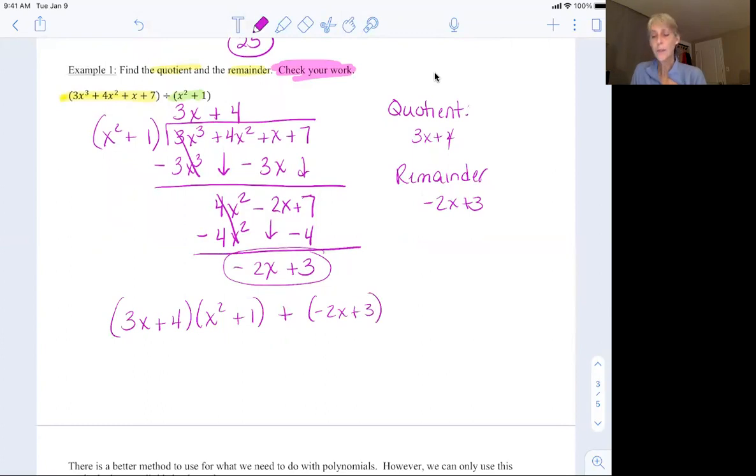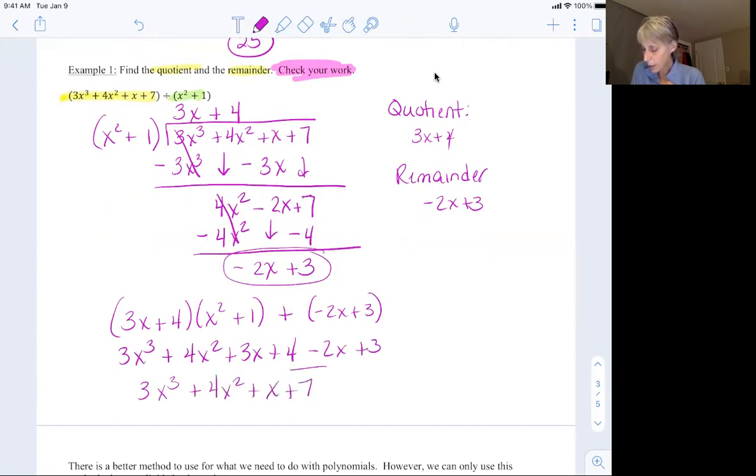And if we work out this math, we should get what we originally had under the division bar. 3x cubed plus 4x squared plus 3x plus 4 minus 2x plus 3. And if you see that, it does match.